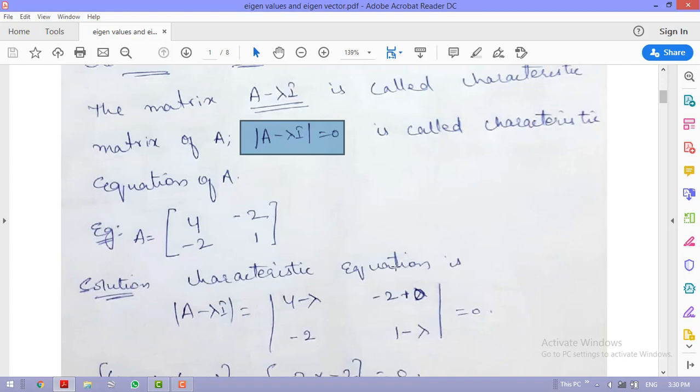The characteristic equation for this will be A minus lambda I like this.